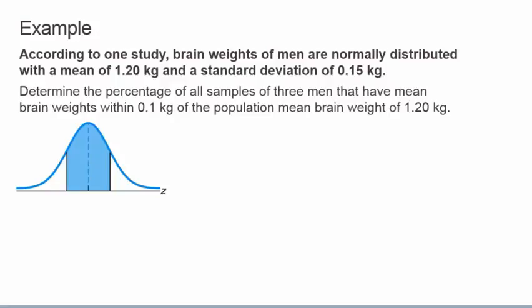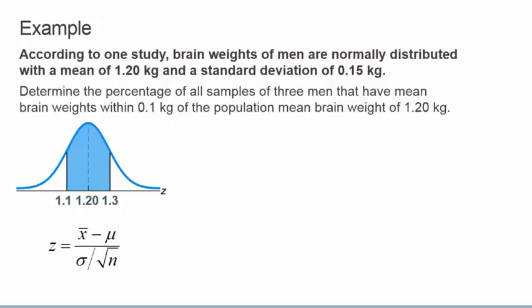Shade between the lines to show the area under the curve. My mean is 1.20. If I were to subtract 0.1 kilograms, I would get 1.1, which is the data point to the left. If I were to add 0.1 kilograms, I would get 1.3, which is the data point to the right.